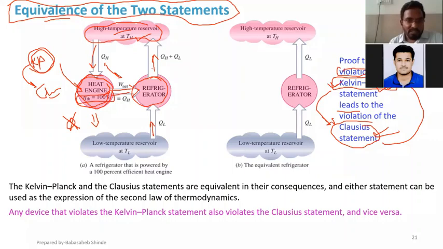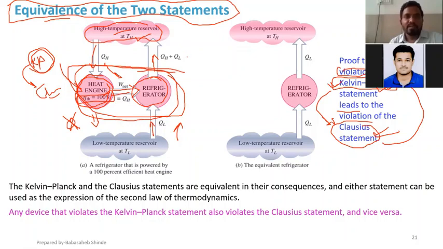Now, if we consider those two devices together, because it is not rejecting any heat to the low temperature reservoir, so now we have considered those two devices as a single unit, then combinedly they will act as a heat pump that is transferring heat from low temperature reservoir to high temperature reservoir, and it is not taking any external work. W is equal to 0, because now we have combined those two devices.